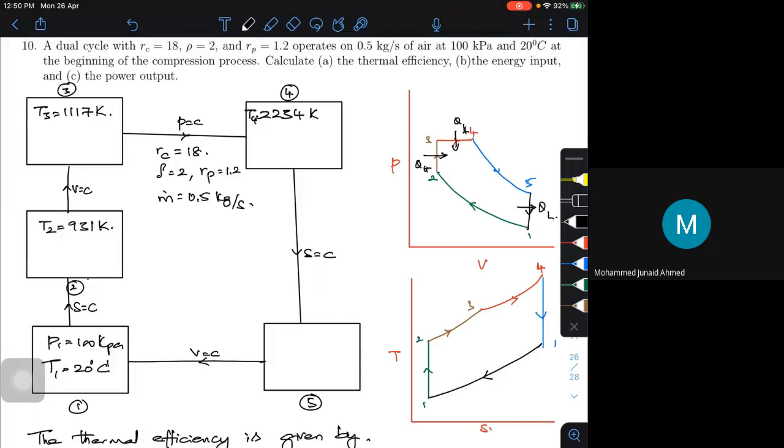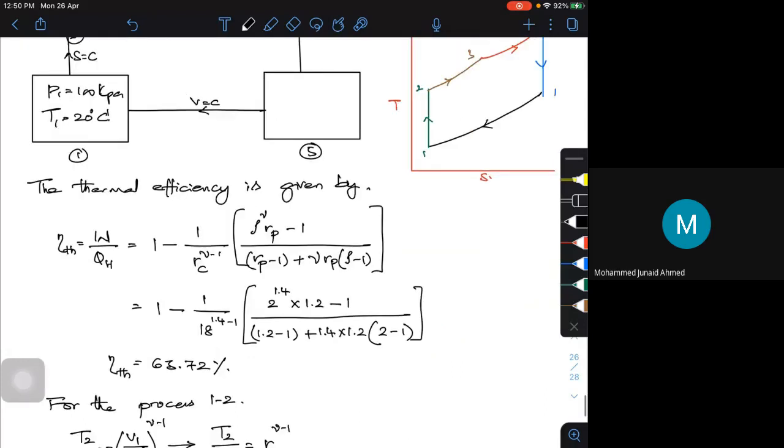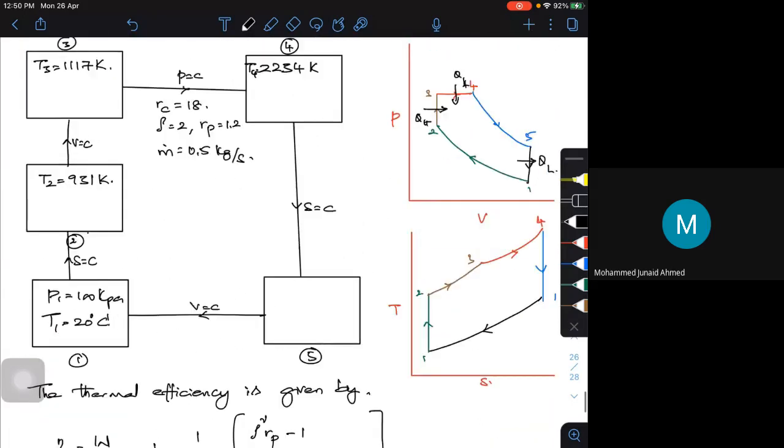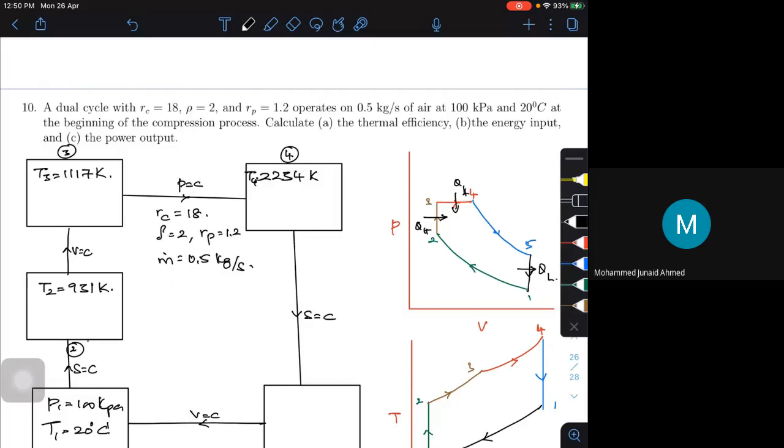Okay, now I can find the heat supplied because I need to find the thermal efficiency. So for that I need to find the heat supplied. Thermal efficiency, heat supplied, and power output, all three things we have to find. First, let's find the heat supplied.